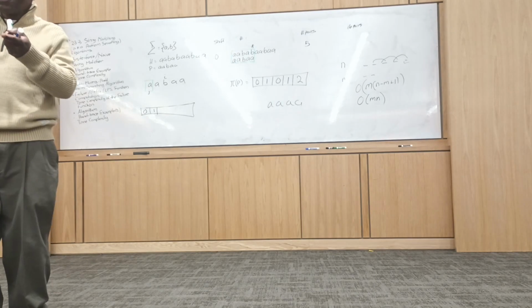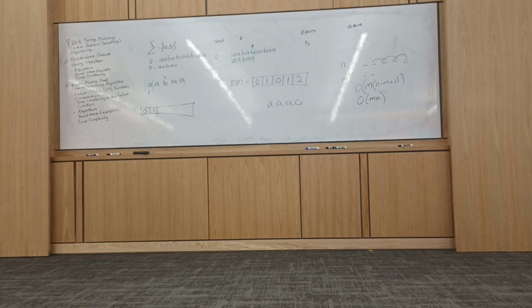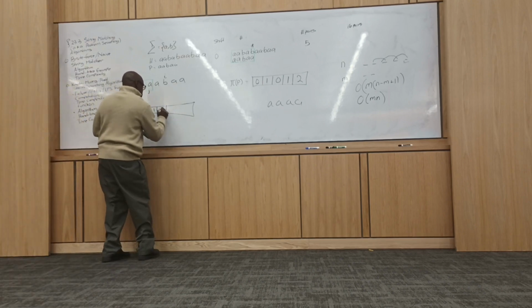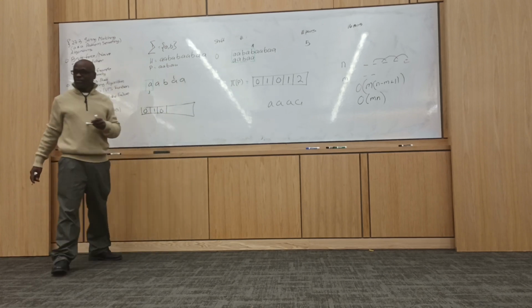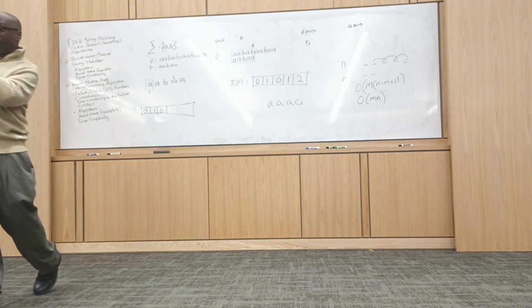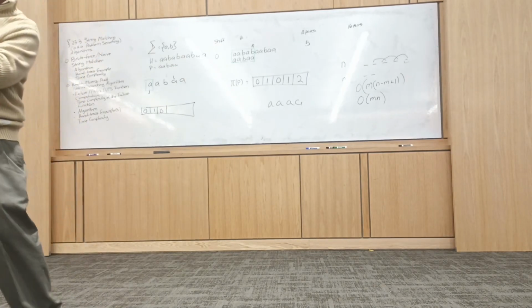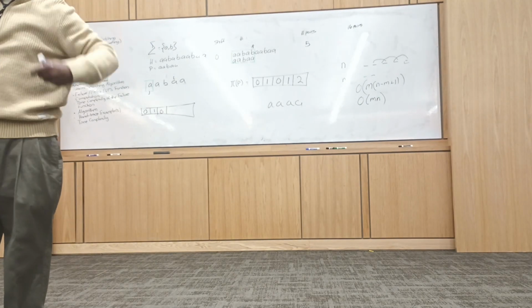Obviously, if I had a mismatch on the first position, I can't go back any further, so the only choice I have is to advance i. This becomes 0 because I couldn't match it at all, and I advance i. So if you keep going back in time until you get to the beginning of the string and you have a mismatch, you can't go back to a negative position. So you advance i and make that 0.